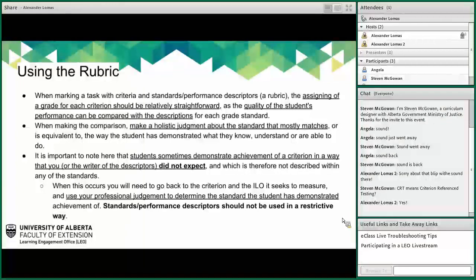I'm willing to think about it. I'm willing to give it another look and assess differently if I feel that you're correct and I've made a mistake. But it literally allows you to have a standard that mostly matches or is mostly equivalent to the way the student has demonstrated what they know, understand, or are able to do.